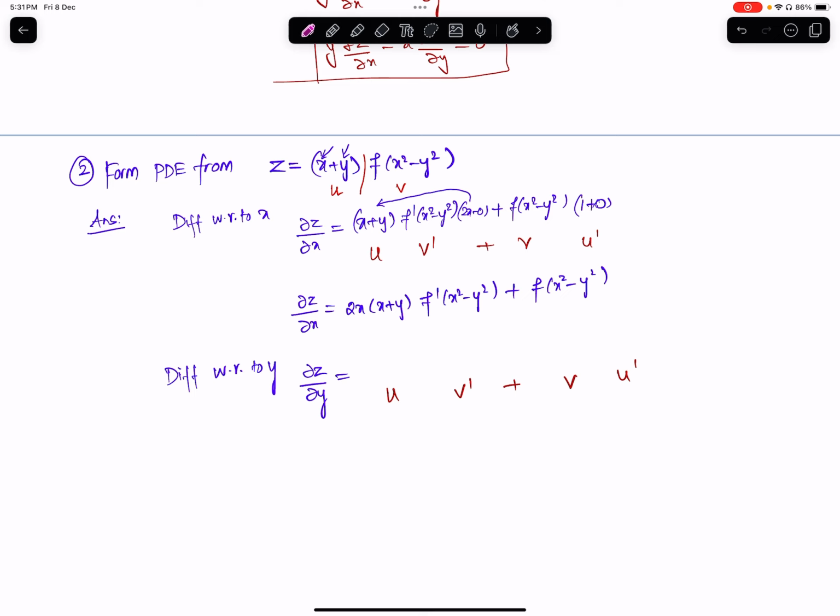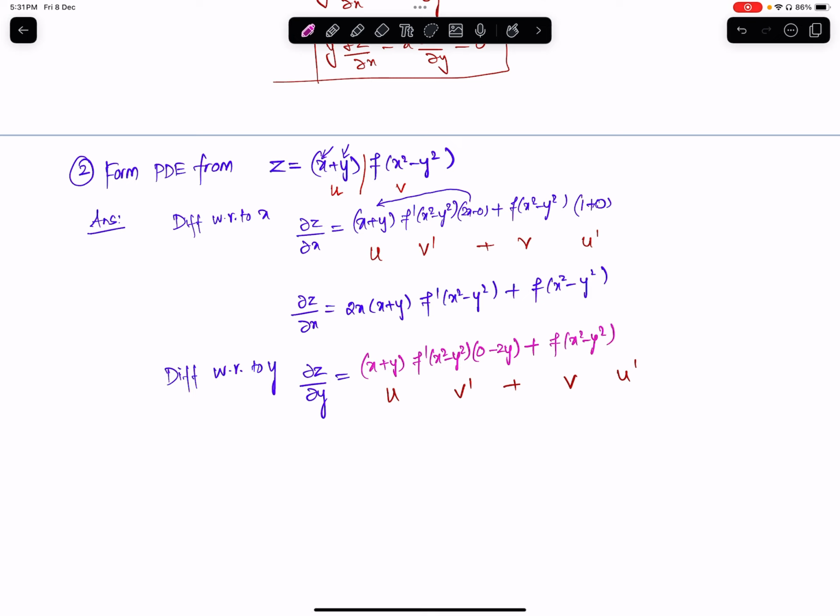So it is (x + y), the derivative of f is f', the derivative of x² − y² is: the derivative of x² is 0 minus the derivative of y² is 2y, then plus just write the v, that is f(x² − y²), the derivative of u.